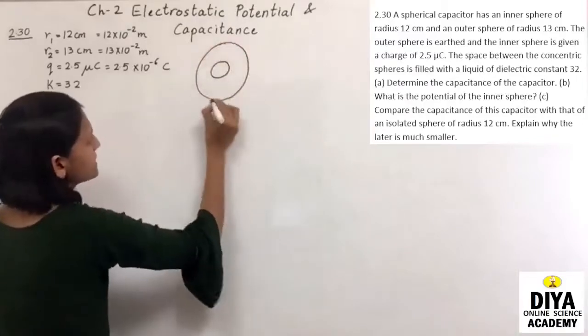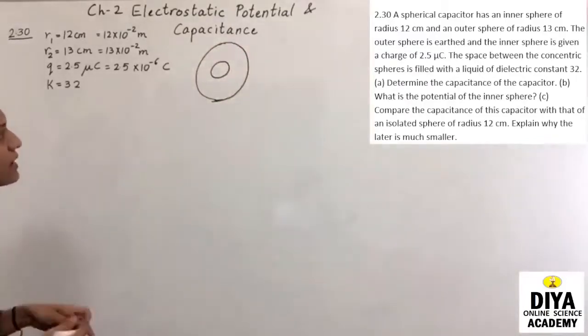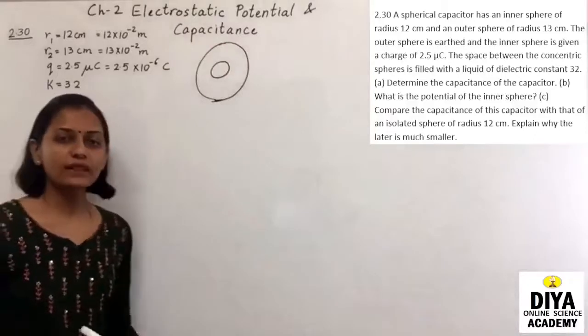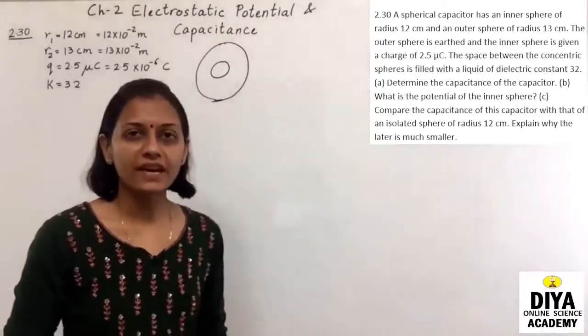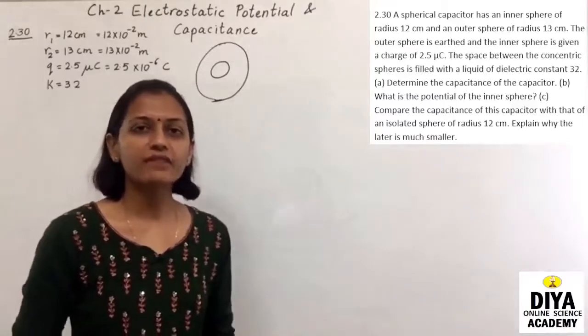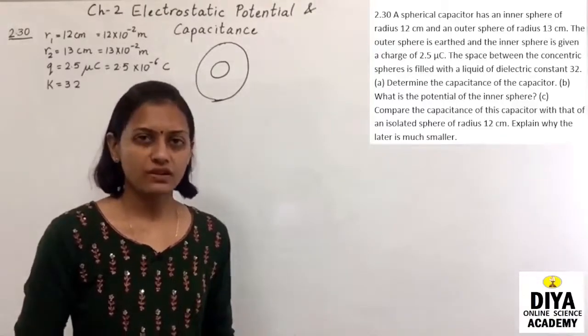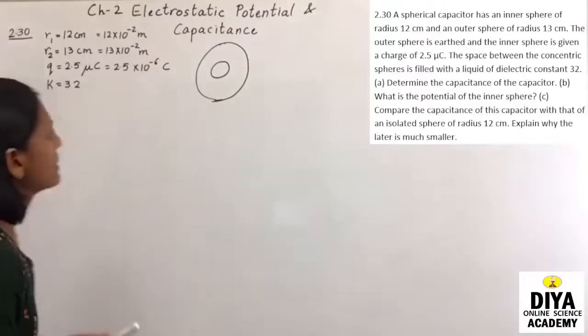The capacitance of such a system can be given by the formula that was derived in question number 2.29, which we have already covered in one of the theory lectures.